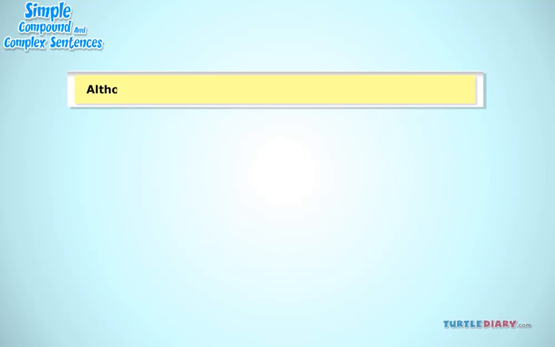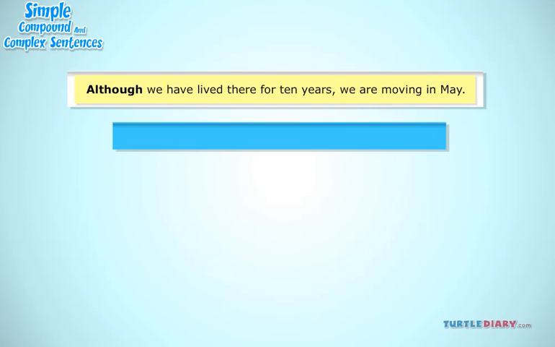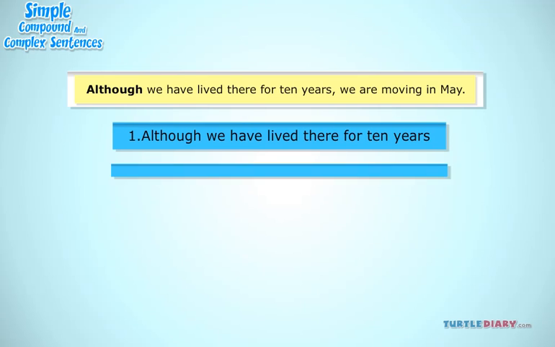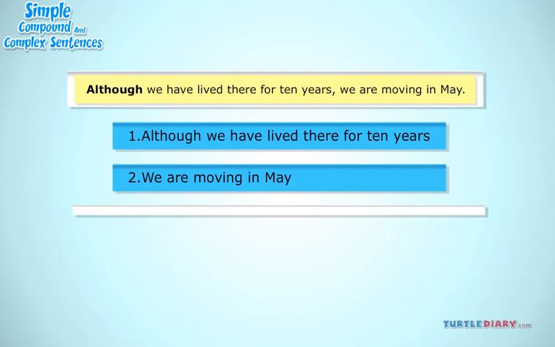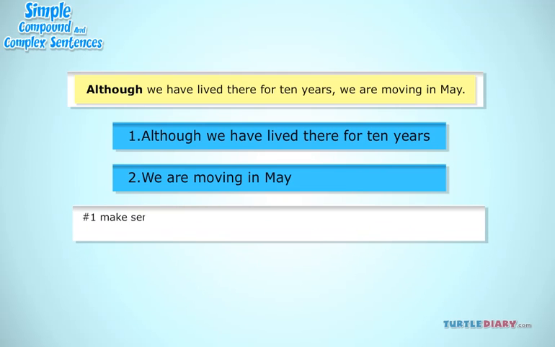Take a look at this sentence. Although we have lived there for 10 years, we are moving in May. This sentence also has two parts. 1. Although we have lived there for 10 years. 2. We are moving in May. Does number 1 make sense as its own sentence?